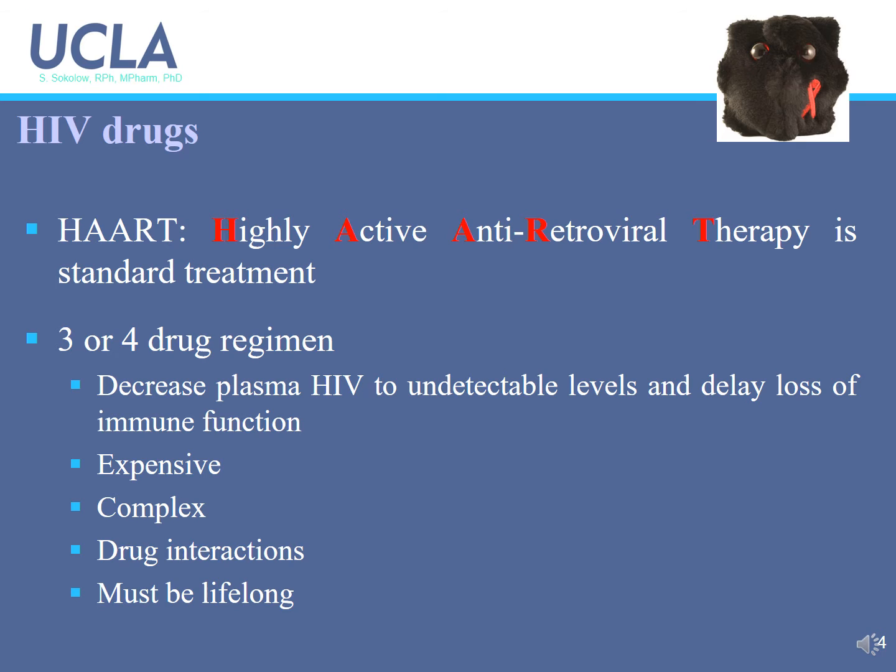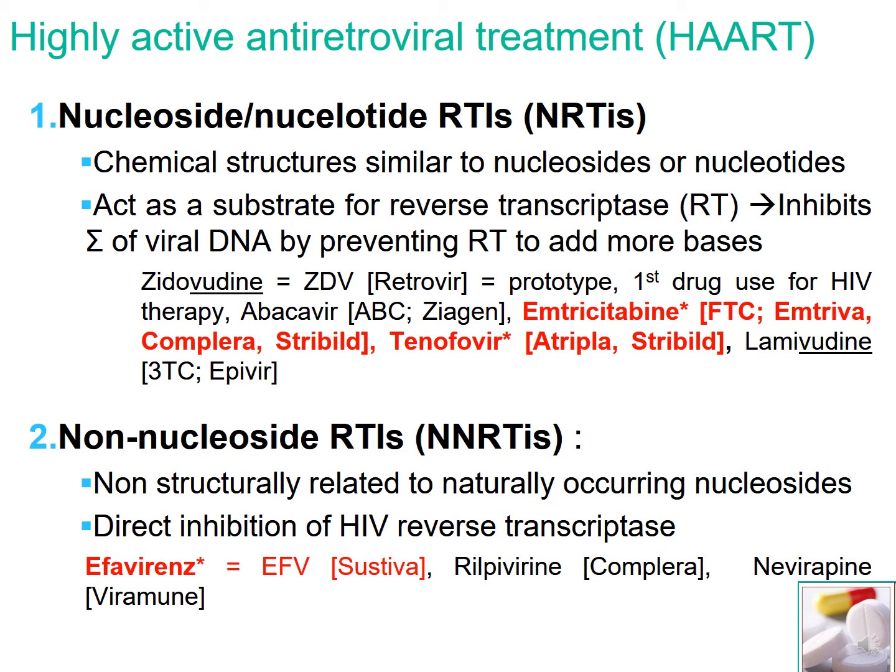Of course, they're expensive, complex, with a lot of drug interactions. They must be lifelong, and of course the main problem is adherence to the treatment with those multi-drug regimens that are so complex and give so many adverse effects.